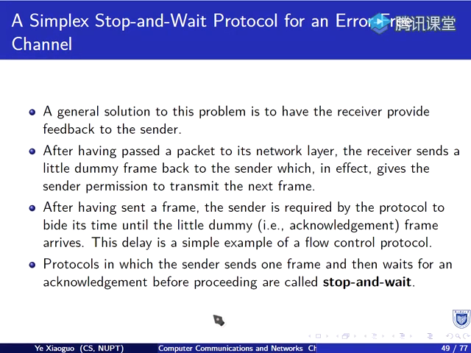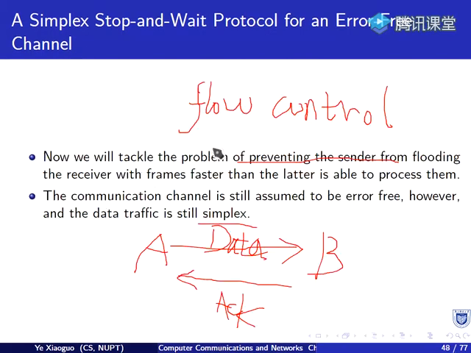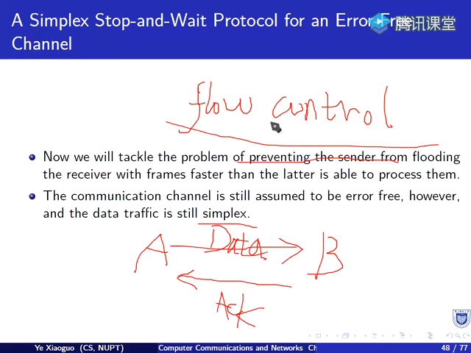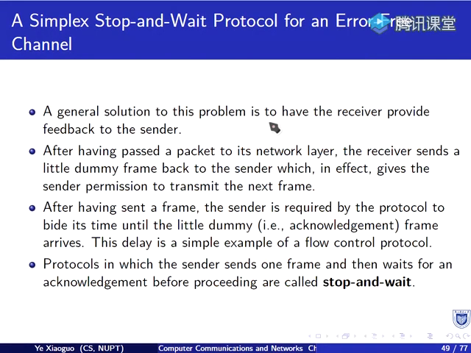So a general solution to this problem, the problem of flow control, is to have the receiver provide feedback to the sender. After having passed a packet to its network layer, the receiver sends a little dummy frame back to the sender, which in effect gives the sender permission to transmit the next frame.